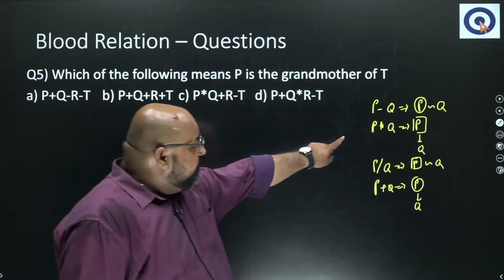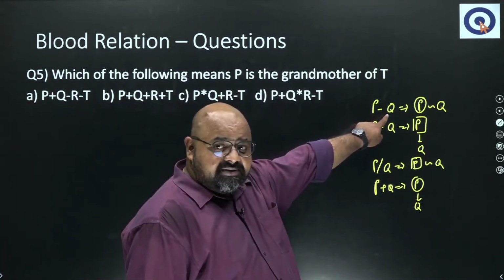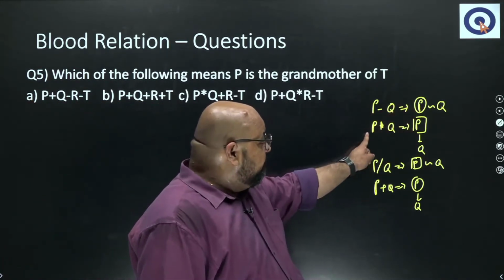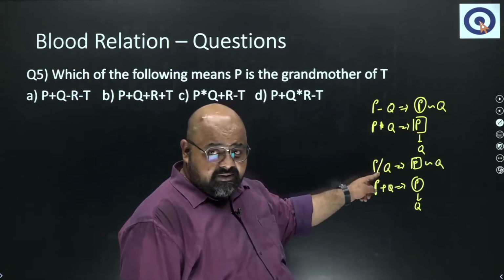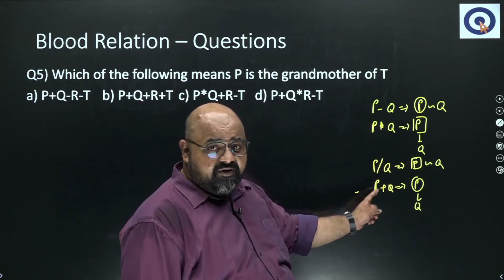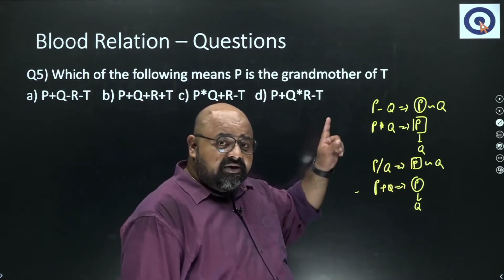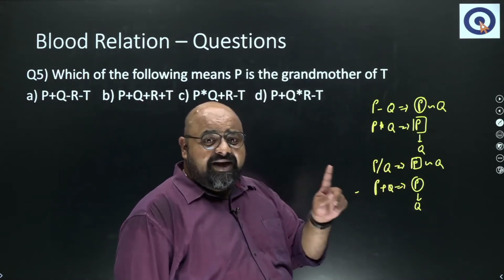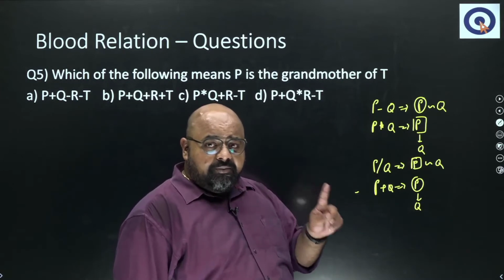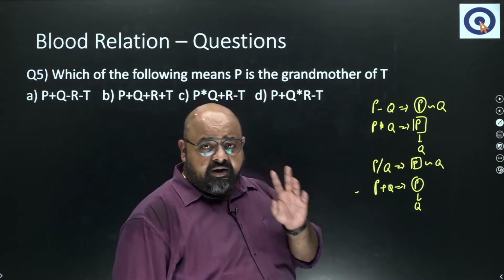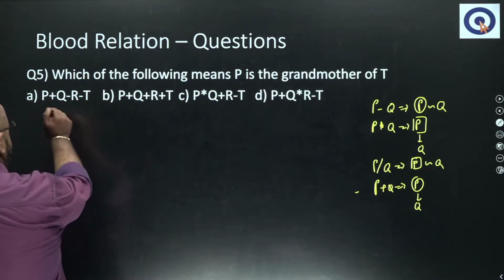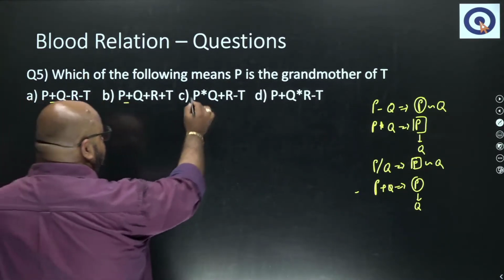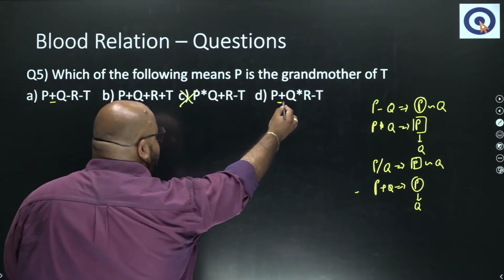So if P is followed by a minus, that means P is a female. If P is followed by a star, that means P is a male. P followed by a divided sign is a male, and P followed by a plus is a female. Because I want to find out that P is the grandmother, in my option P has to be followed by a plus or a minus. So this is possible, this is possible, this is not possible, this is possible.